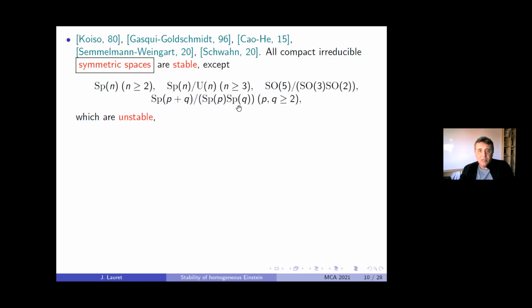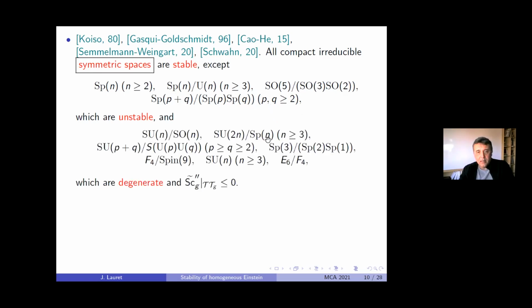These exceptions are the groups you all know. These are groups of matrices. We will talk in a minute about this. These are called homogeneous spaces. They are all Lie groups. Well, these are unstable, and these other ones are degenerate.